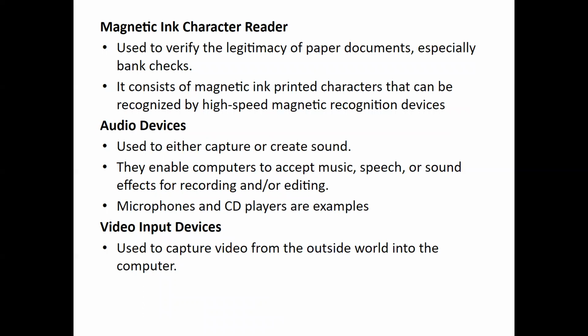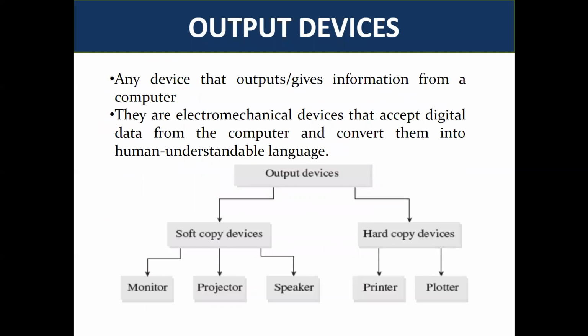Now, video input devices are used to capture videos from the outside world into a computer, right? Now coming on to the output device. So basically, what is an output device? An output device is any peripheral that receives data from the computer, usually for display, projection, or physical reproduction.